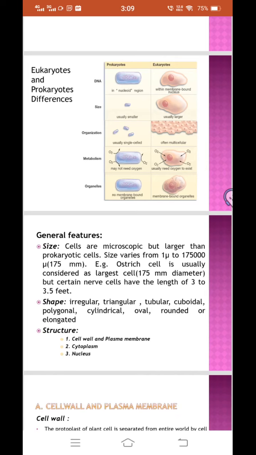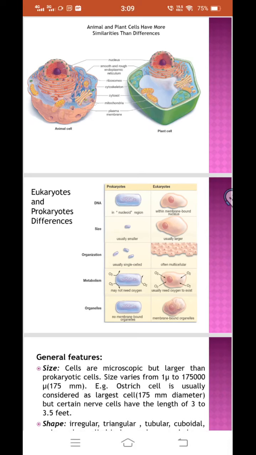Now, the first one is the size. If we differentiate on the basis of size, then the eukaryotic cells are much larger in comparison to the prokaryotic cells, although both are microscopic in nature. Then the DNA material: in the prokaryotic cell the DNA is free, and in the eukaryotic cells this DNA material is present within the membrane bounded nucleus.